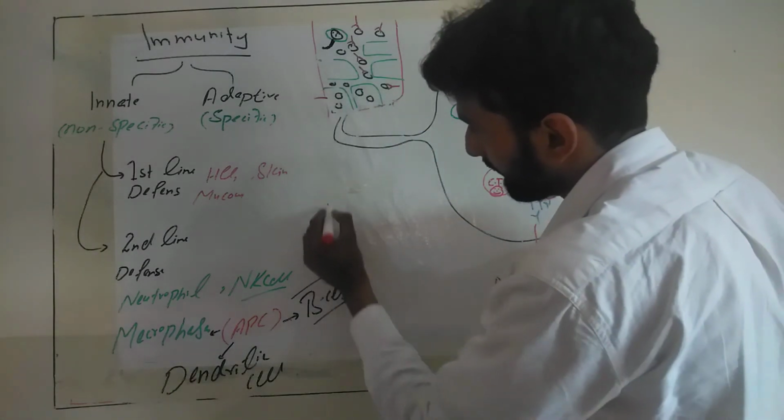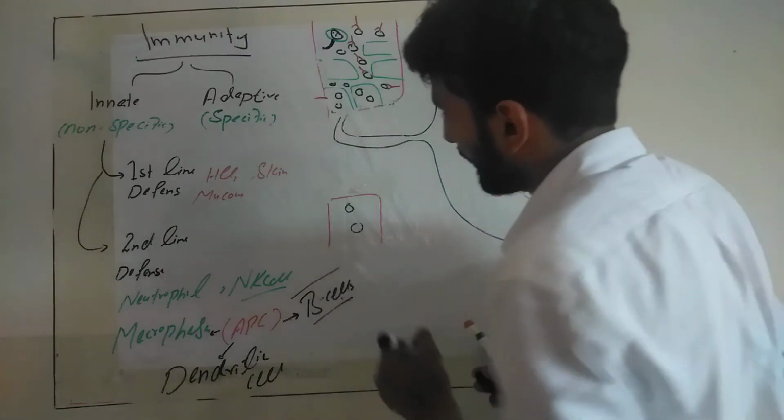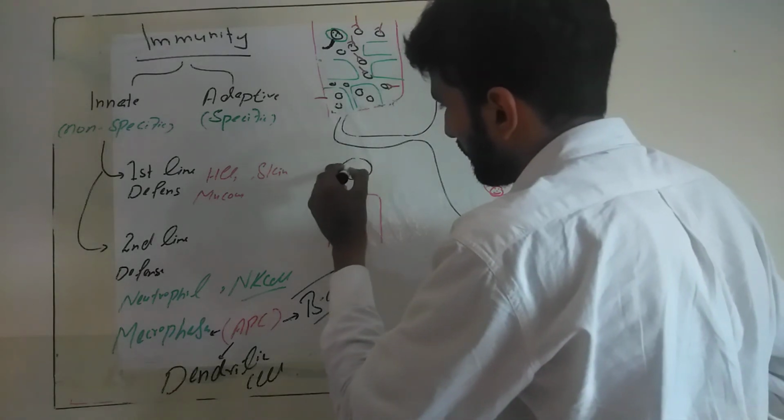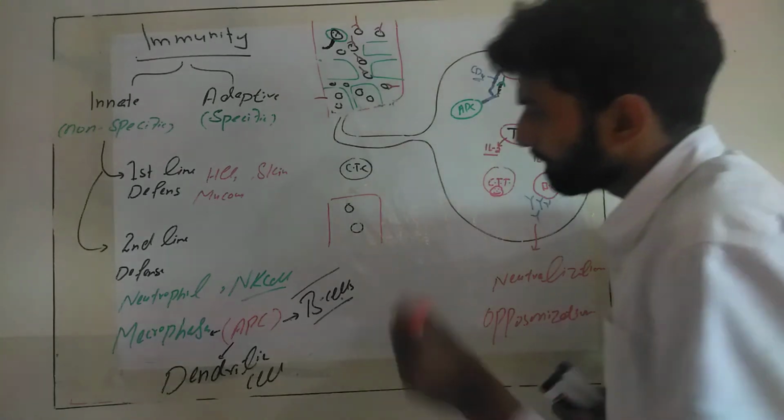Okay, I am going to zoom in on one single cell. So for example, this was a cell, and these bacteria have entered into the cell. Now the cytotoxic T cell will go. What will happen?